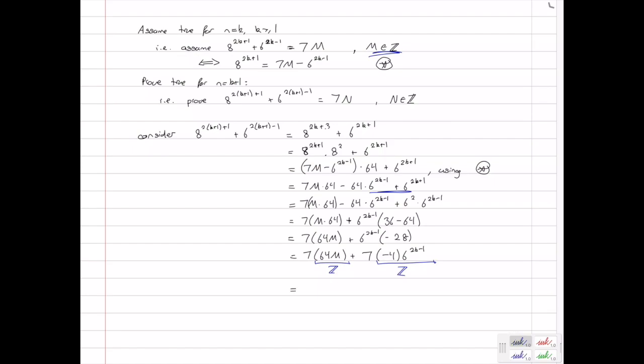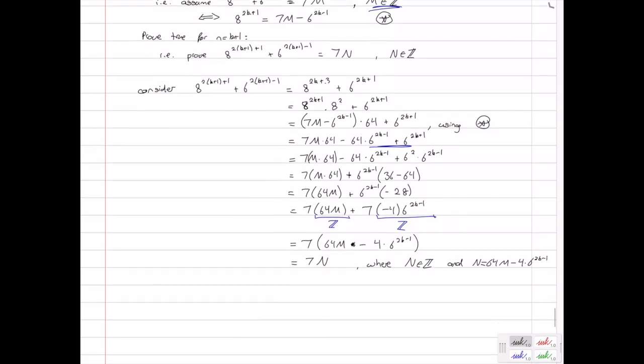So I'm going to have 7 into 64m. Actually, that would be a minus 4 times 6 to the 2k minus 1. But we don't really care what's inside this bracket. We just care that it's an integer, which it is. Okay, so it's 7 times some integer, we'll call it n, where n is an integer and n is equal to 64m minus 4 times 6 to the 2k minus 1.